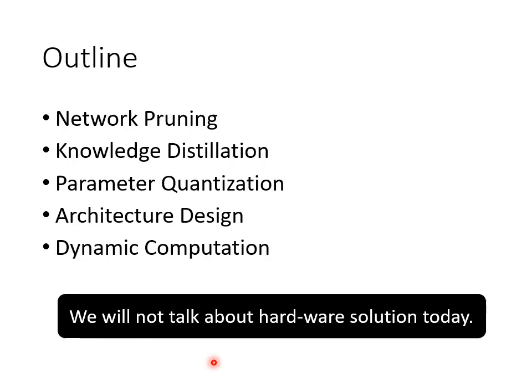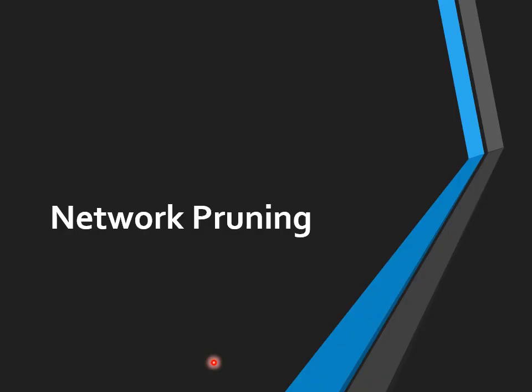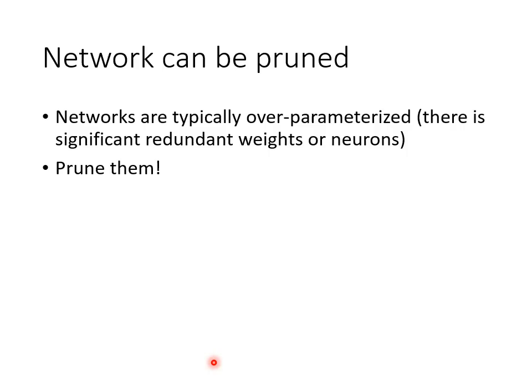Okay, the first one I want to share with you is the method called network pruning. After we finish network pruning, we will call it a day. Network pruning, literally, is that we need to cut off some parameters in the network. Pruning means cutting off. We select some parameters in the network and cut them off. Why can we cut off some parameters in the network?